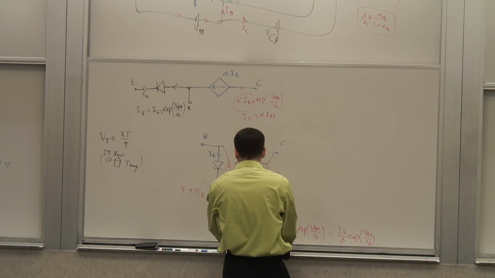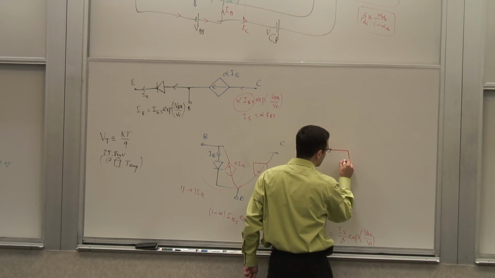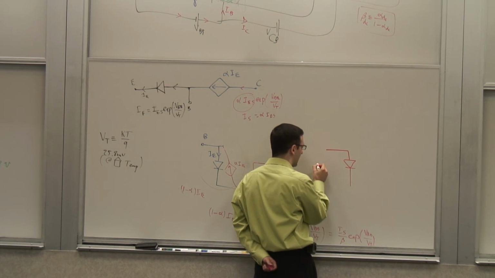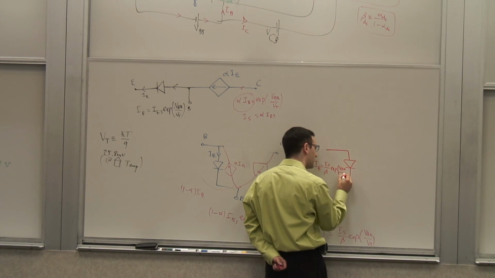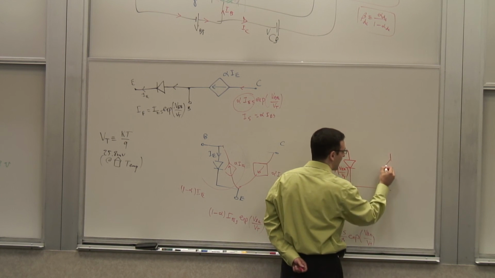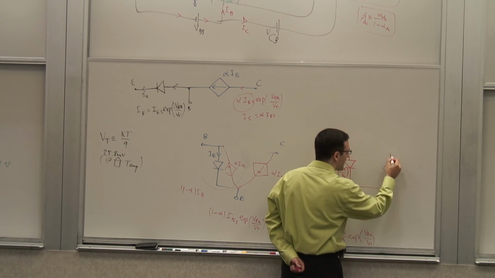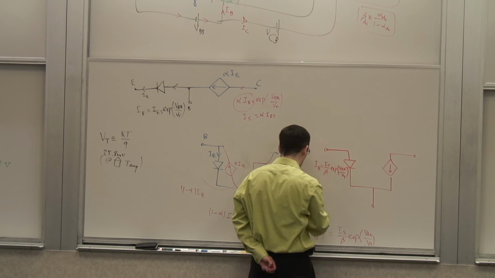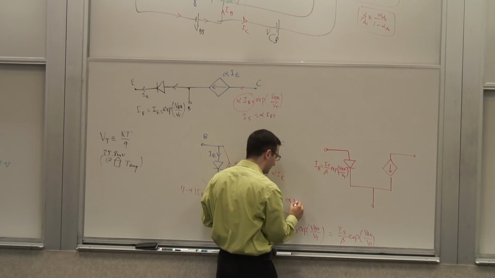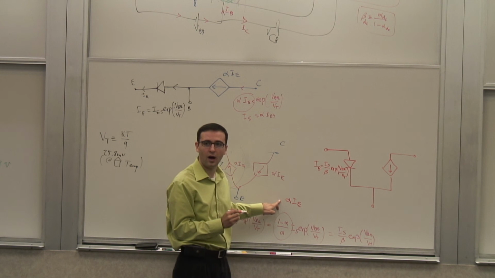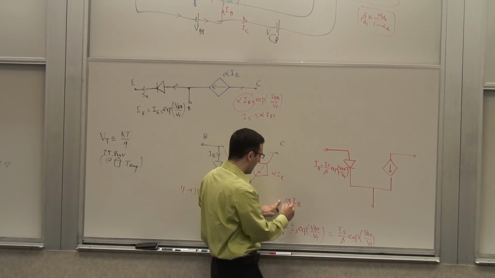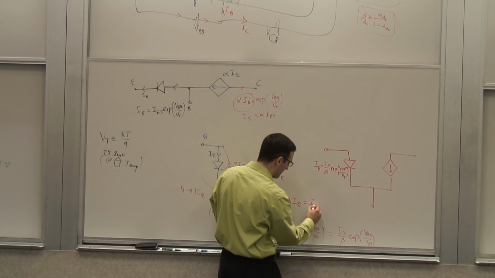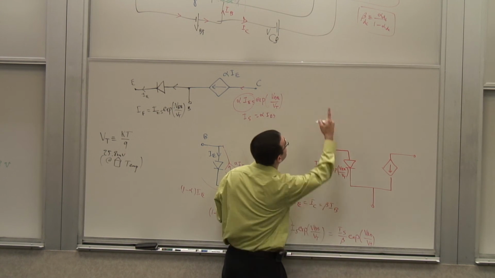Therefore, I can redraw the model this way. You can say it's a new diode, but now this current, IB, is IS over beta, e to the VBE over VT. And then I have another current source, which is what? Alpha IE, right? But I know this is basically IC, which was beta IB by definition.